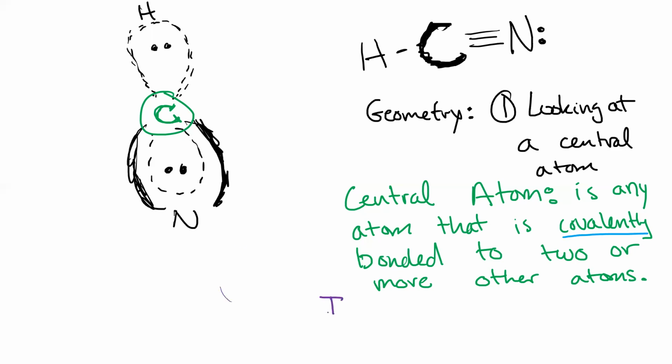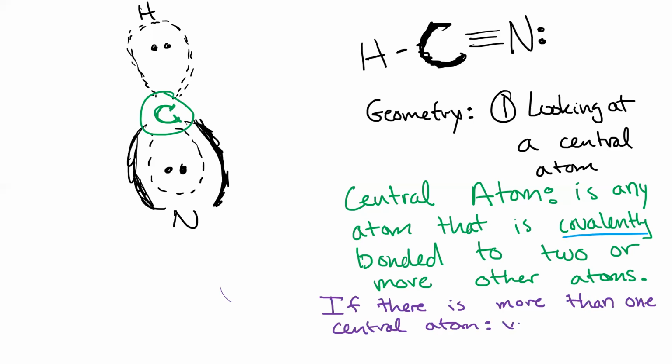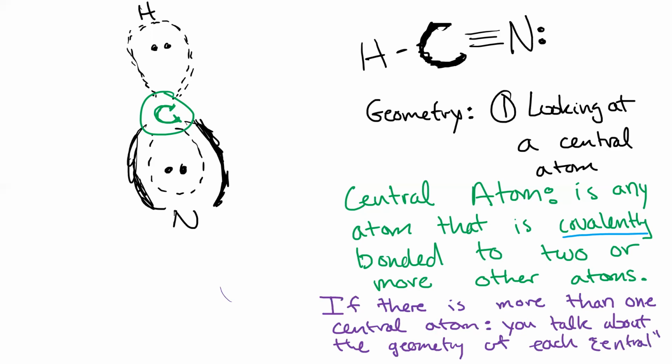But if there is more than one central atom, all that means is you talk about the geometry of each central atom, as we're calling them, one at a time.